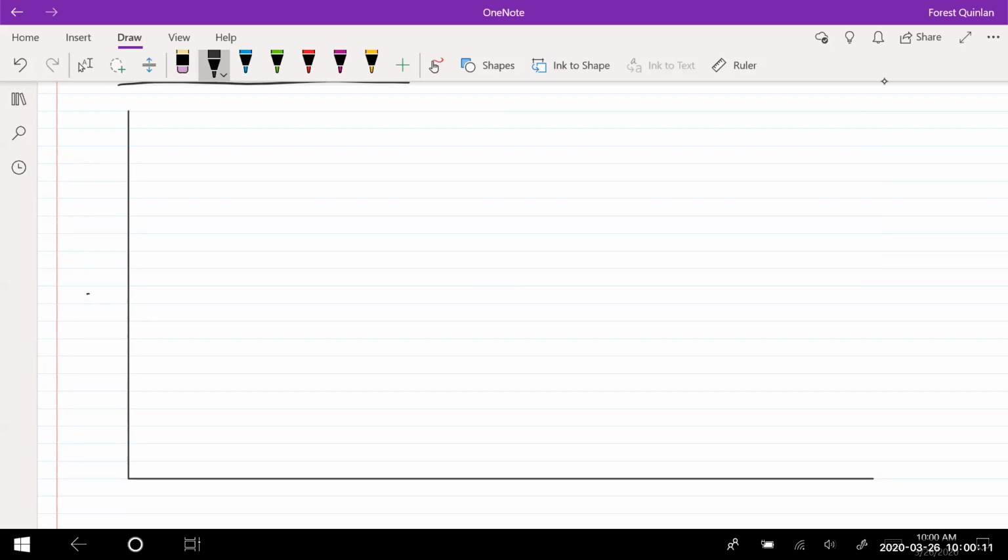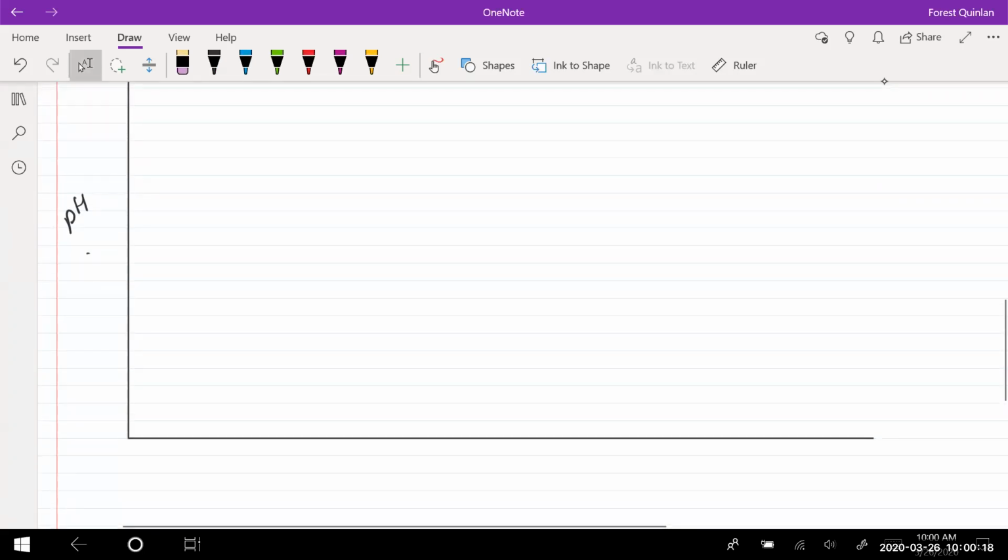I'm going to attempt to do this kind of nicely here. We know on the left-hand side, we're going to have pH, and underneath we're going to have the volume of the base. I'm going to go ahead and put a little mark here, in orange. Put a mark here, here, and here. And I'm going to sketch the curve.